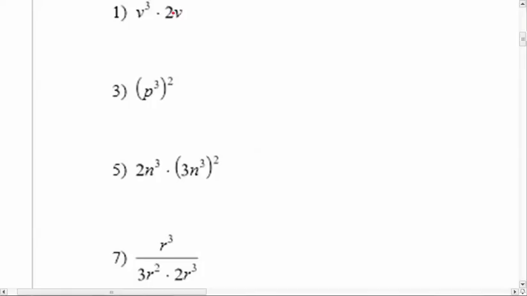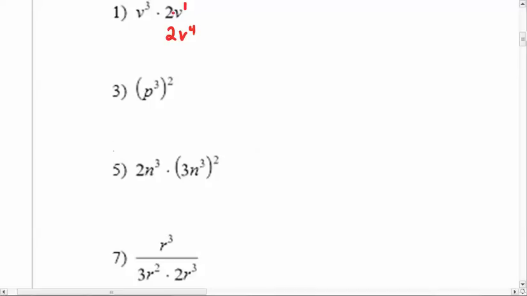According to the associative property of multiplication, we can group things however we want, and the commutative property says we can move things around. That means we can do this in whatever order we want. So we multiply the v to the third times the v, which is v to the first, and when you multiply things with the same base, you add the exponents. So 3 plus 1 is 4. That gives us 2v to the fourth, and that's as simple as it gets.